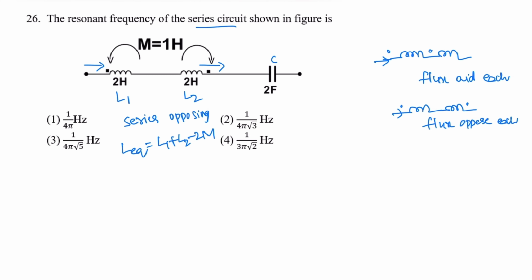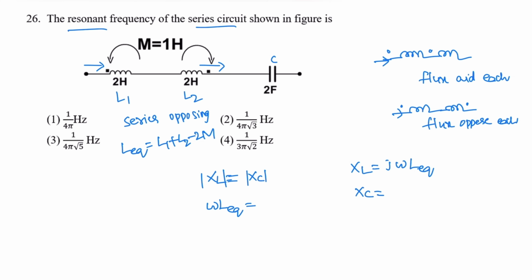at resonance, XL is equal to XC. So XL is mod omega L, where L is L equivalent. XL is j omega L, here it is j omega L equivalent.